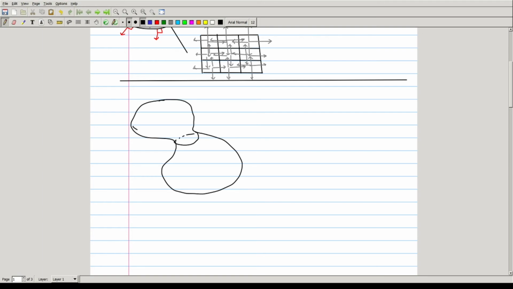So let's say we have some surface S that contains a volume V. V is the volume, three-dimensional volume inside the surface now. This picture is now in 3D.